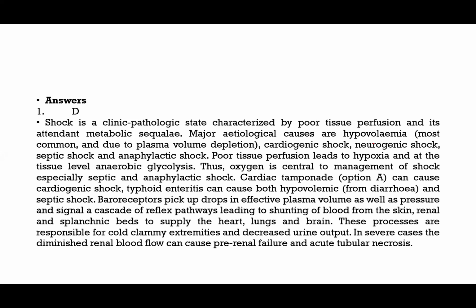So baroreceptors are responsible for peripheral diversion of blood to supply the main vital organs, the heart and the brain, to maintain these vital organs. These processes are responsible for cold, clammy extremities and decreased urine output. In severe cases, the diminished renal blood flow can cause prerenal failure and acute tubular necrosis.